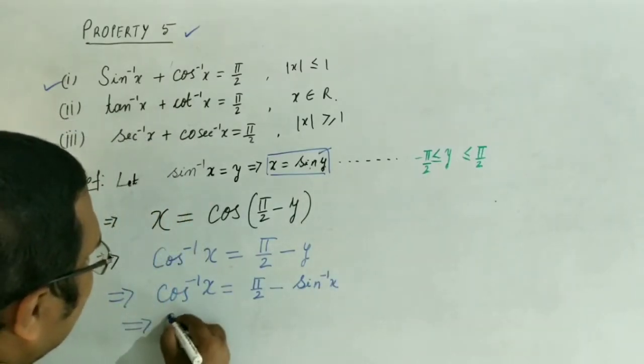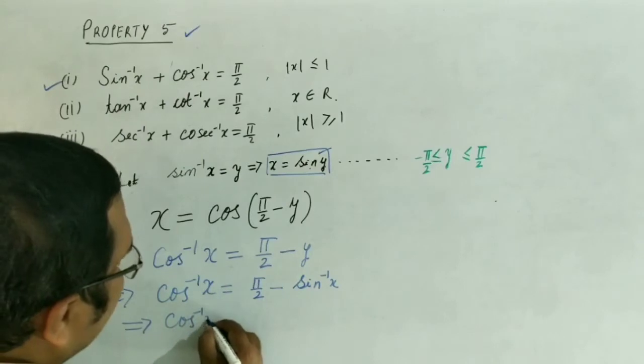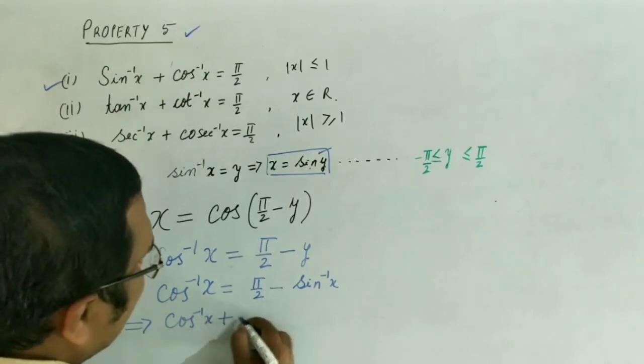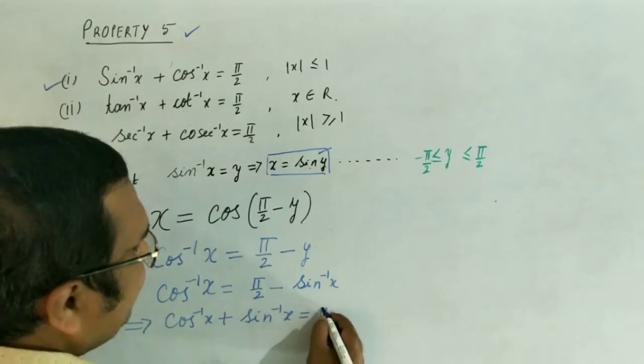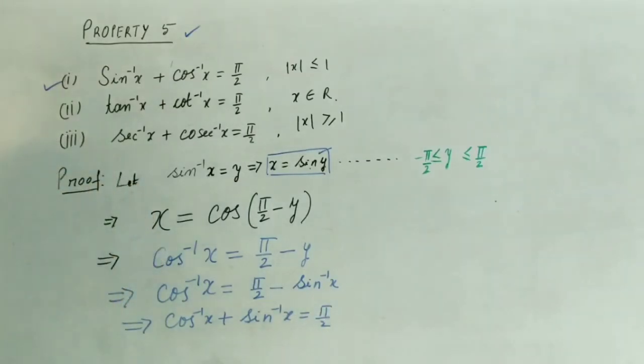So we have here cos inverse x plus sin inverse x is equal to pi by 2.